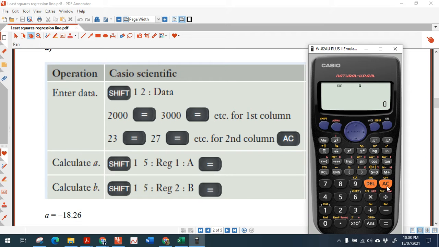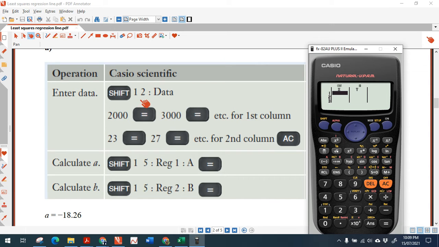Well, I just want to get rid of that. That's my data entered. I'm just going to go to mode 2. That's what I would do first, mode 2. And then I want to enter the A plus BX formula, because that's the regression formula. So click on 2 there, and then I've got a clear screen.